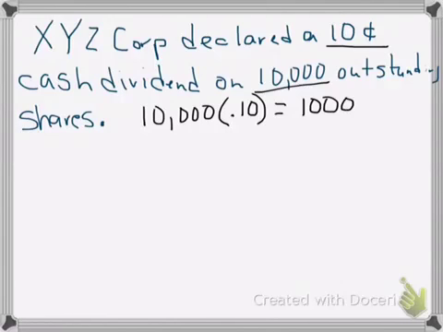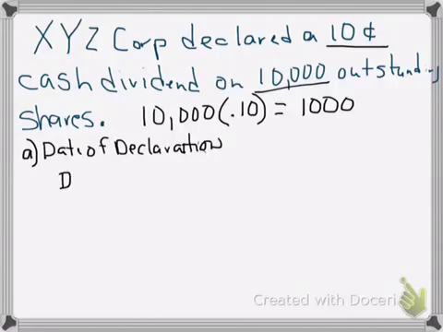There are 3 dates that we have to deal with when we declare a dividend. The first one happens when the board of directors declares this dividend, and that is the date of declaration. On the date of declaration, we have to prepare a journal entry that looks at this liability, because as soon as it's declared, we now have a liability. The journal entry would go into the dividend account.